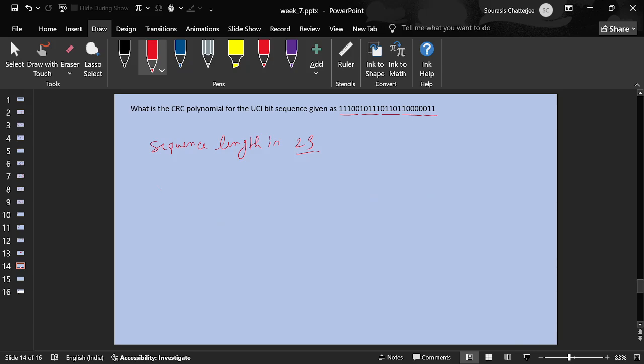Actually, it turns out if my bit sequence length A falls between 12 and 19, I am going to use a 6-bit CRC, and the CRC generator polynomial is D to the power 6 plus D to the power 5 plus 1. Whereas when it crosses 20 onwards, we are supposed to use an 11-bit CRC.